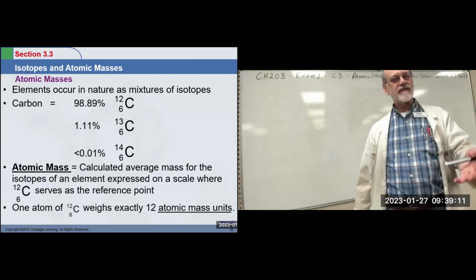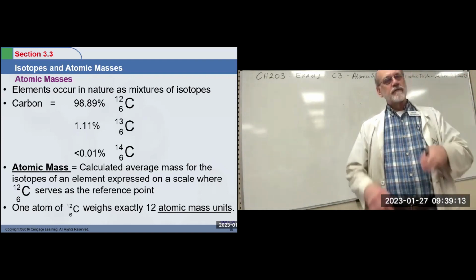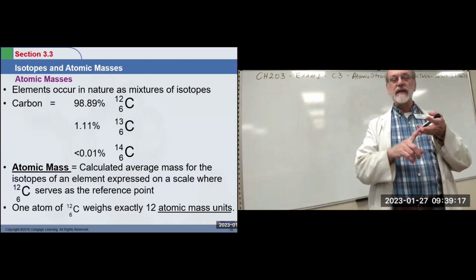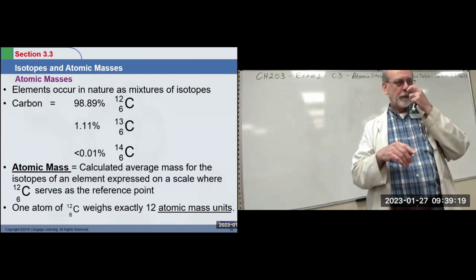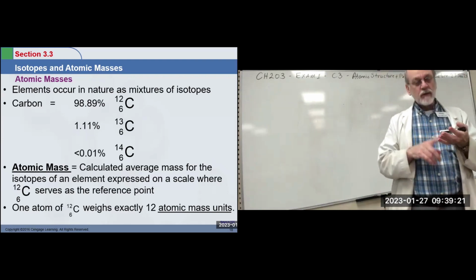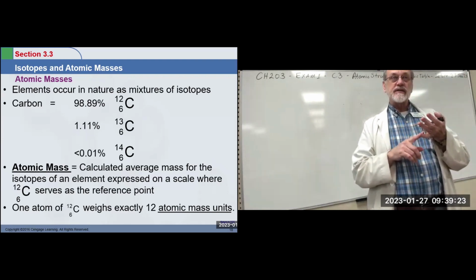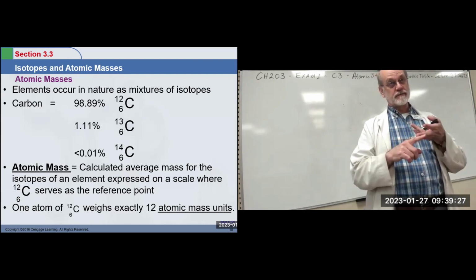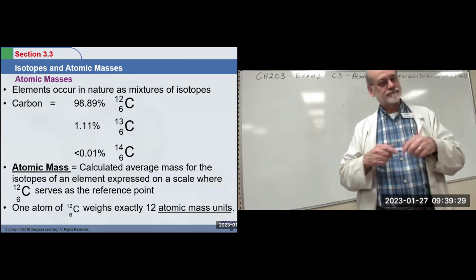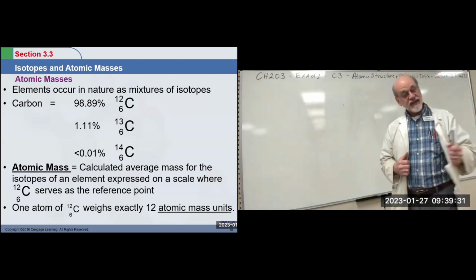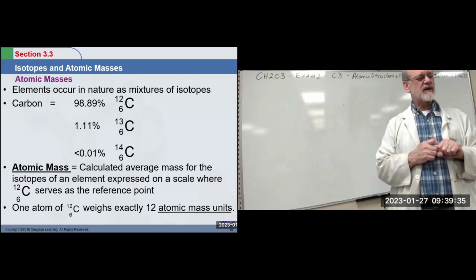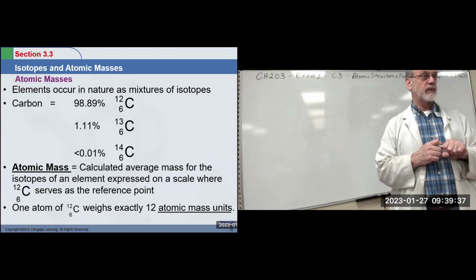Now, how do we arrive at that? First, we need to know the relative abundance of each of the isotopes, at least the important ones. And then we need to know the atomic mass of each one of those isotopes. Now, you might think that the atomic mass of each of the isotopes should be a whole number.